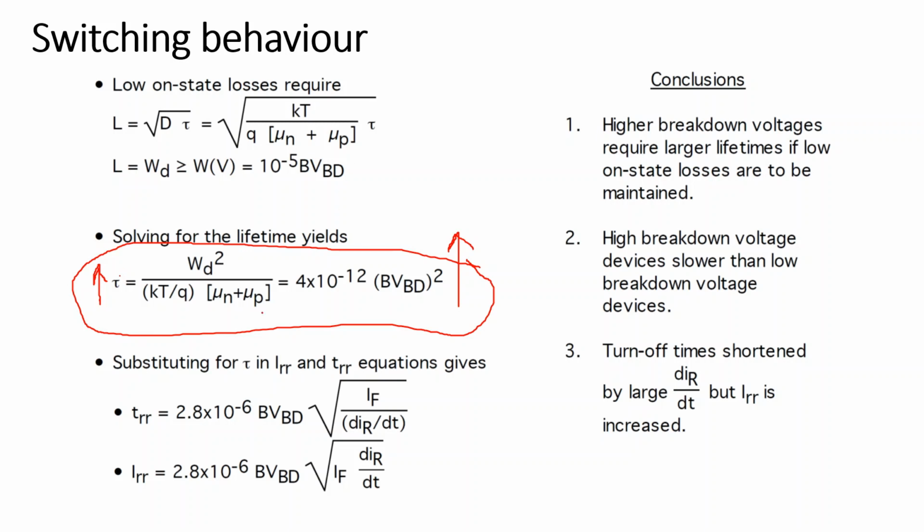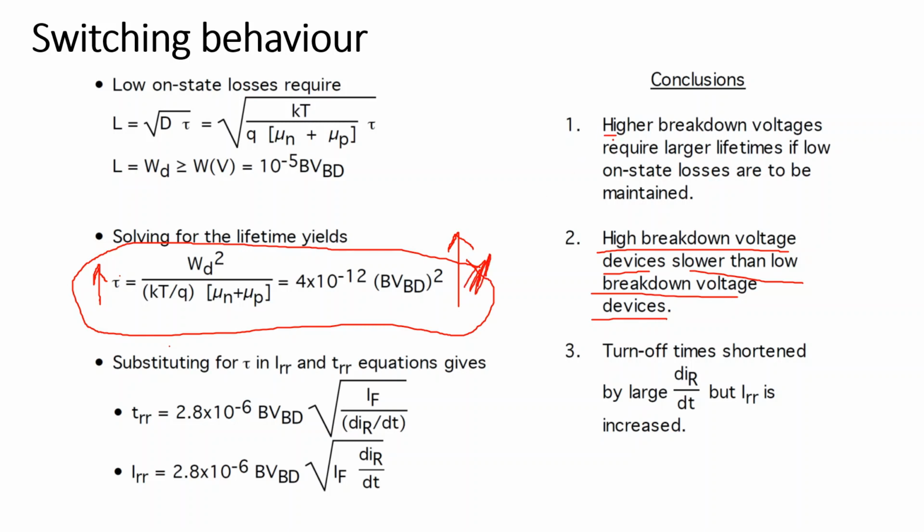So one conclusion is that high breakdown voltage devices are slower than low breakdown voltage devices. So there is a trade-off: either you go for higher breakdown voltage or you go for faster devices.